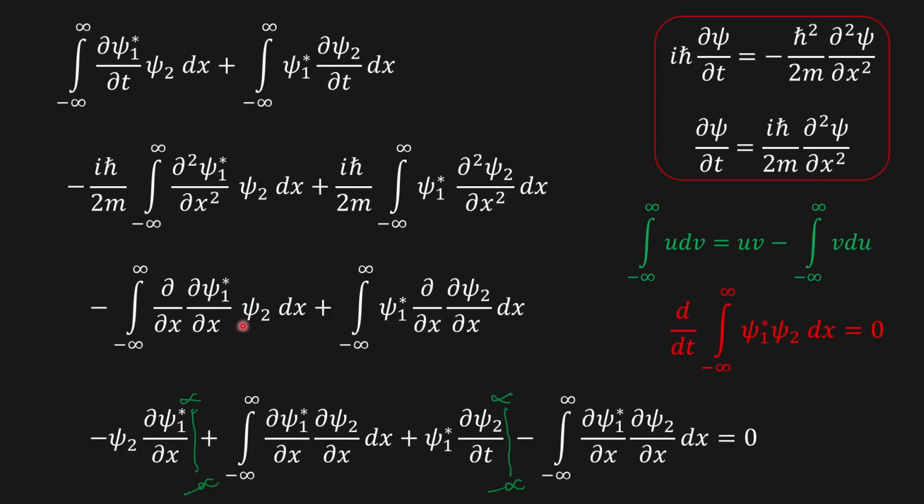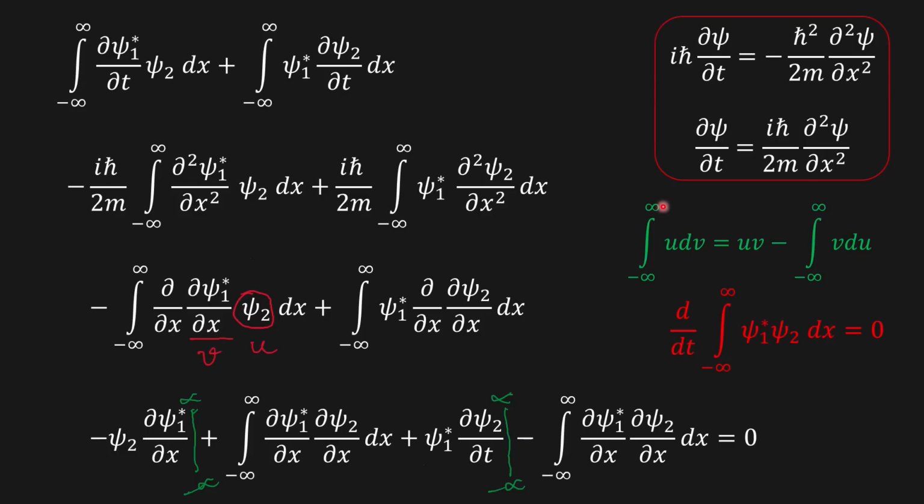Now you take care of this by integration by parts. Take psi 2 as u, and the partial derivative with respect to x, that is delta psi 1 star over delta x, as v.